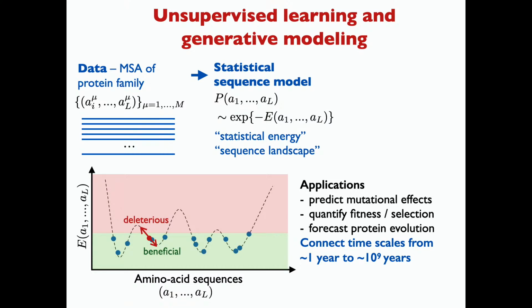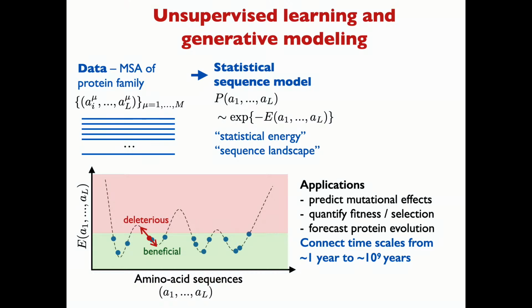Vice versa, if it goes down, maybe it's a beneficial mutation. If this works, I can hopefully predict or quantify fitness and selection on proteins, and maybe I can even forecast protein evolution. I will show you examples.